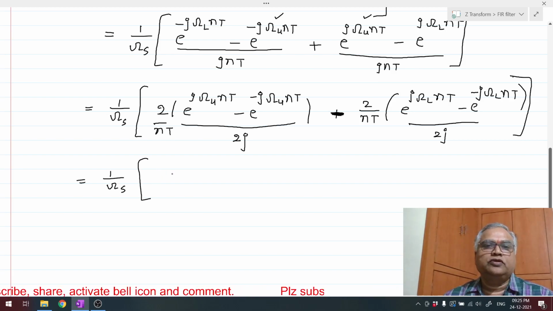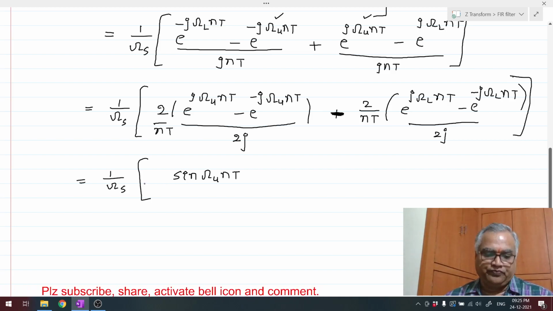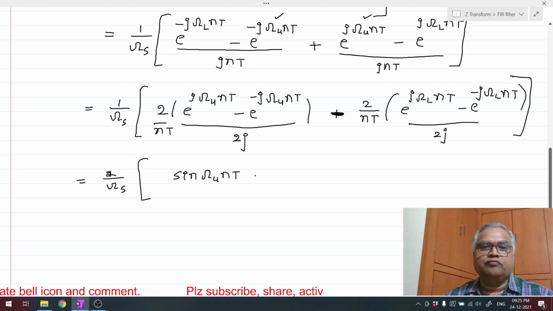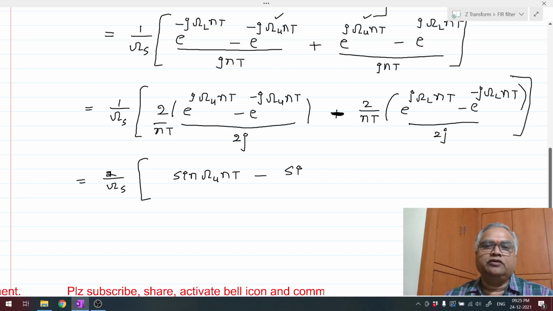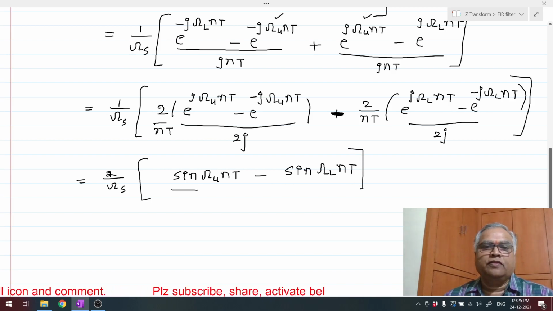This will be sine function: sine omega u n minus sine omega L n by n. So this 2 we can take out here, minus n sine omega L n by n.